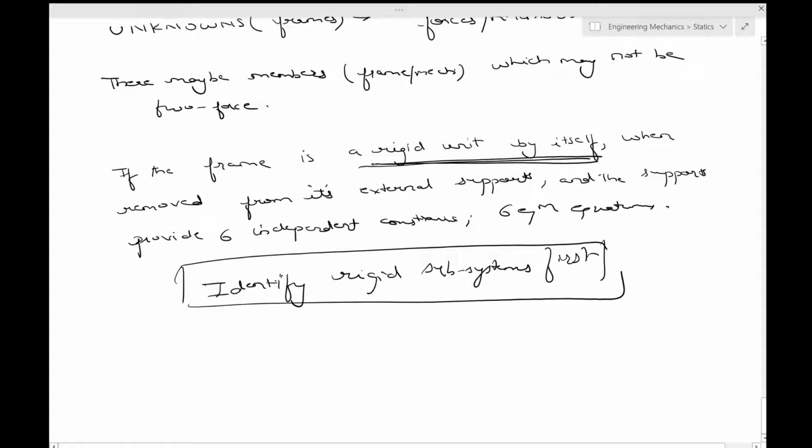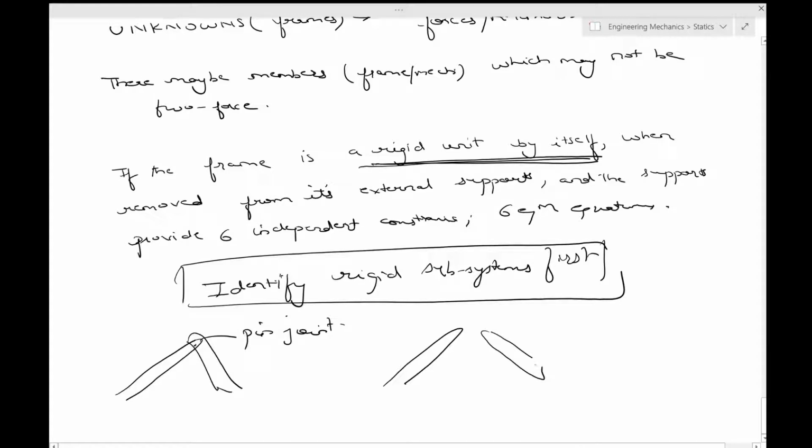Now, one of the doubts which you may have, and perhaps it becomes more clear when you look at solved examples. Say you have something like this, and this is a pin joint, okay, and now you want to separately draw the FBD, or you show the pin in this one, or in the other case you show the pin in this one, okay.